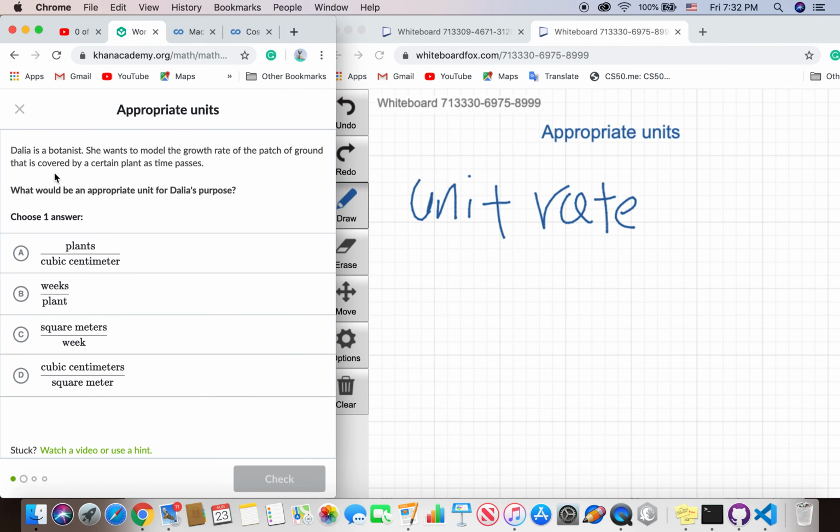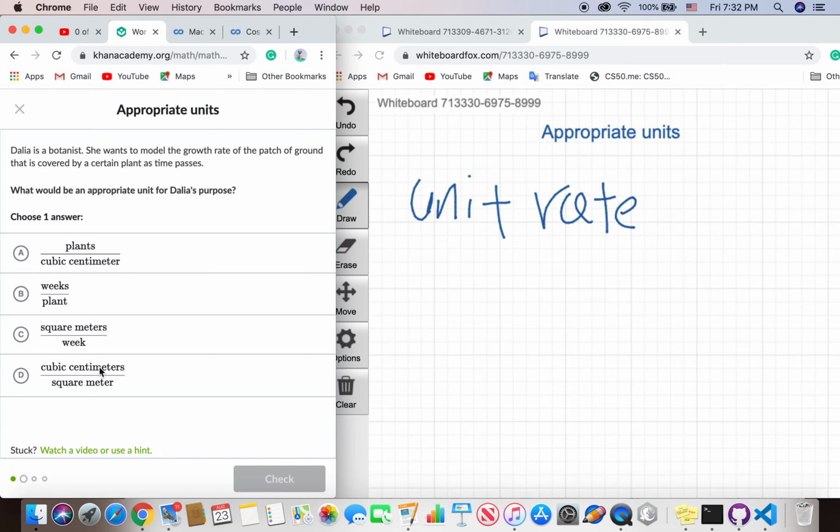Dahlia is a botanist. She wants to model the growth rate of the patch of ground that is covered by certain plants as time passes. What would be appropriate units for Dahlia's purpose? So we obviously don't need cubic centimeter.